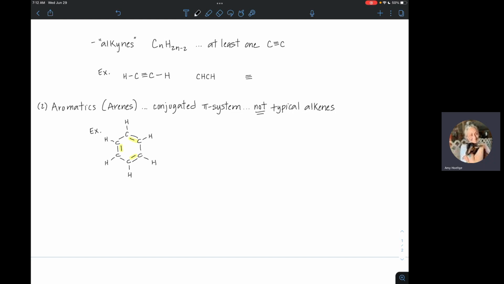There's an unusual stability associated with aromatic compounds. They do not react the same way. In fact, they're pretty difficult to react. And so we'll have a whole section just on these. The condensed sort of structure for this would be C6H6. So this is benzene, by the way.